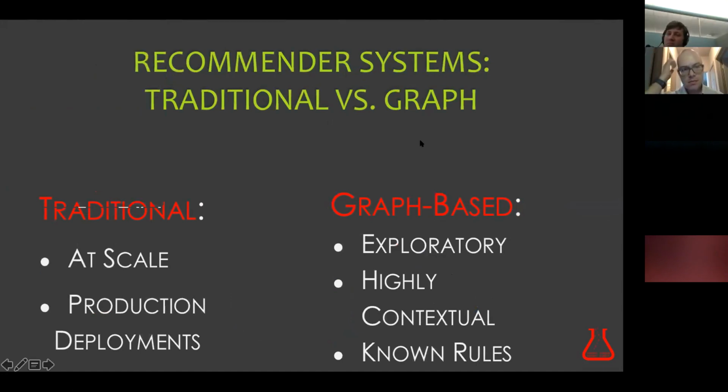There we go. So some of the applications of graph databases: recommender systems come up often. A traditional recommender system, like Amazon's, dishes out tens of thousands of recommendations every hour, and that's something you would want to do at scale. With a graph database, you can create a recommender system to really explore the data and to dig out some of the rules and relationships between the different nodes.